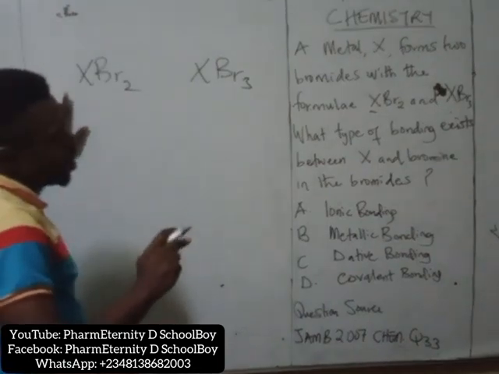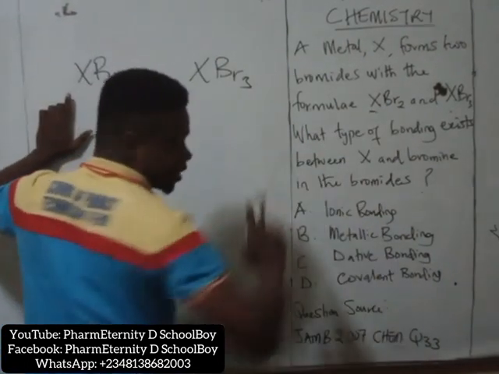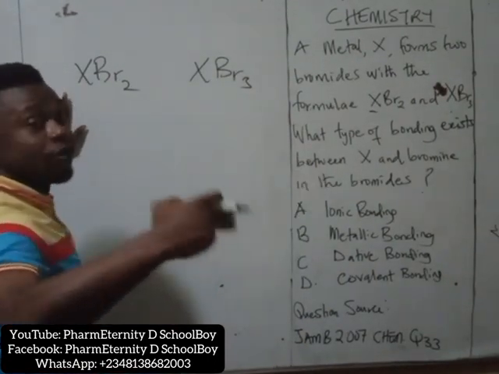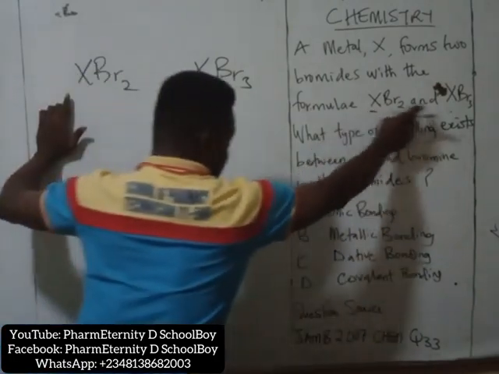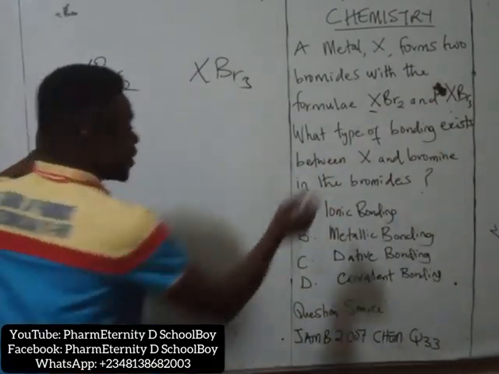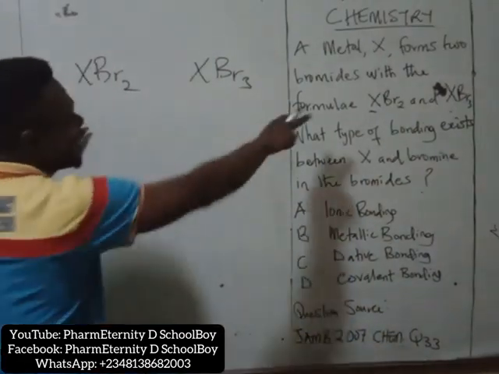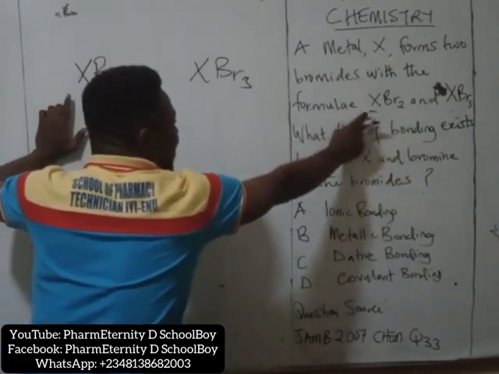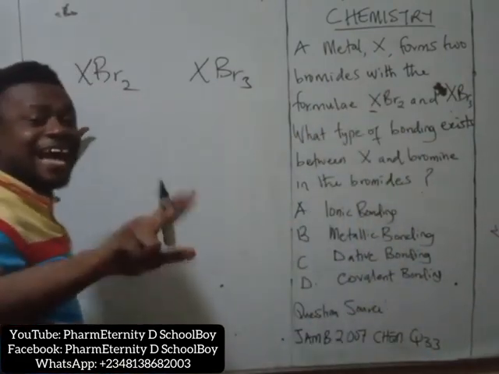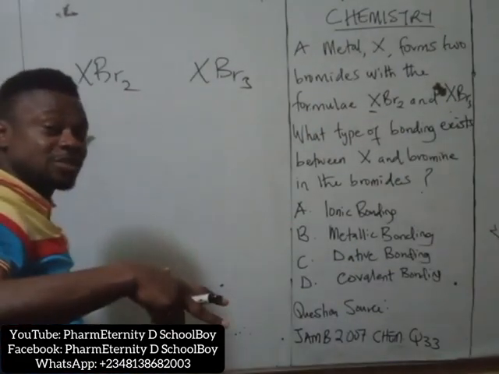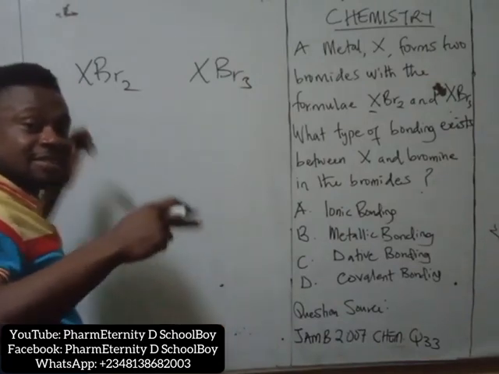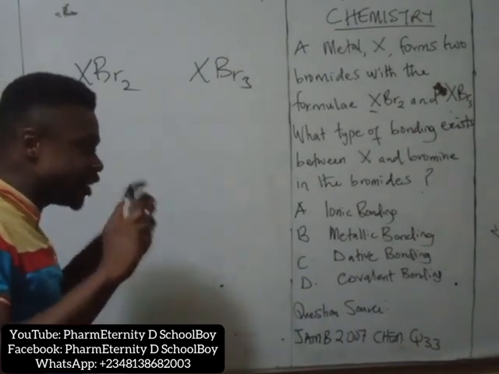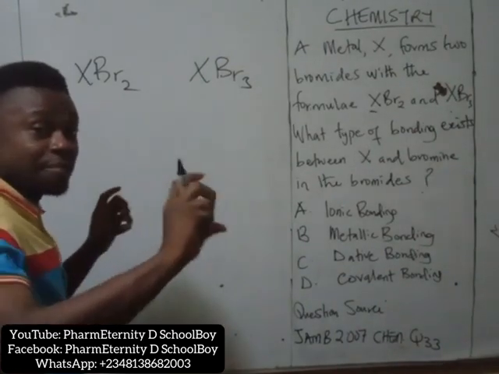But we don't need to confuse this with what is formed from covalent bonding. These things are not molecules. This X and bromide exist as ions that are attracted to each other. The ionic bond is that attraction between these two ions, the X ion and the bromide ion.